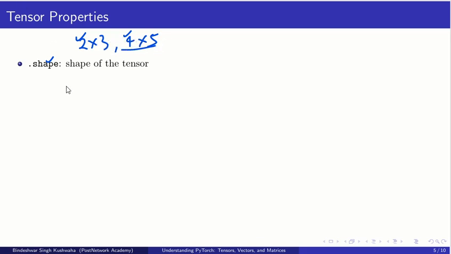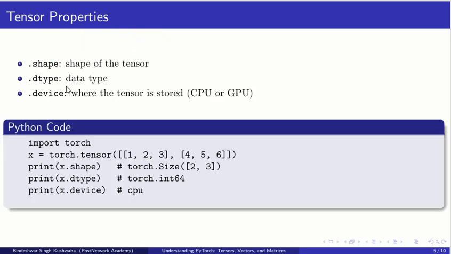This kind of information you can get. Then data type and device: where is the tensor stored? One of the features of tensors is that they can be stored on the GPU.